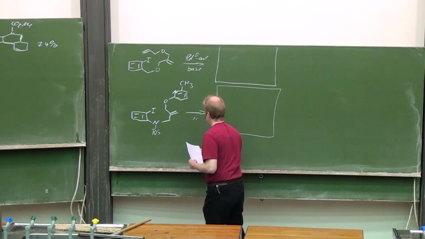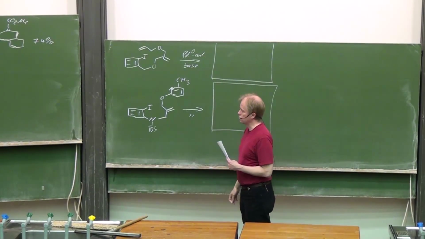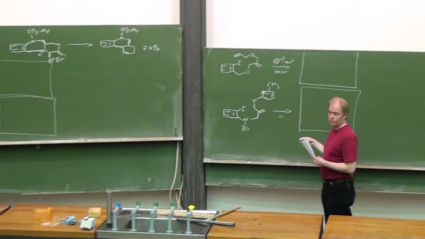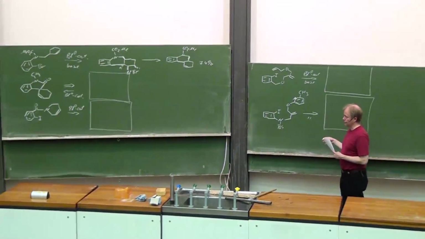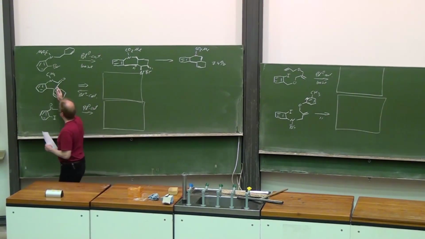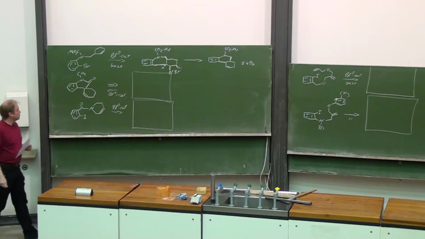So, please figure out solutions for the problems. 3 times what is the product of the palladium catalyzed process, and in one case, what is the appropriate starting material to synthesize this structure.